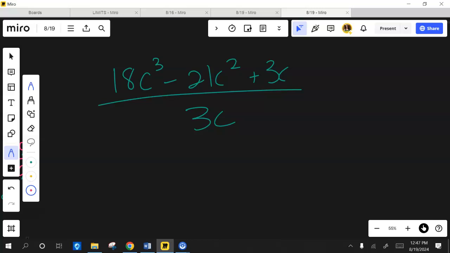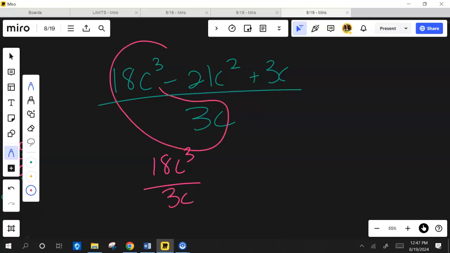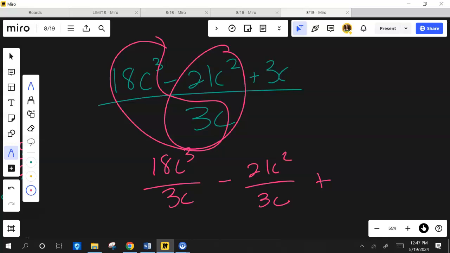Now, when I split the fractions up, give me the first fraction. That's exactly right. There's my first one. What's my second fraction? What's my last one?